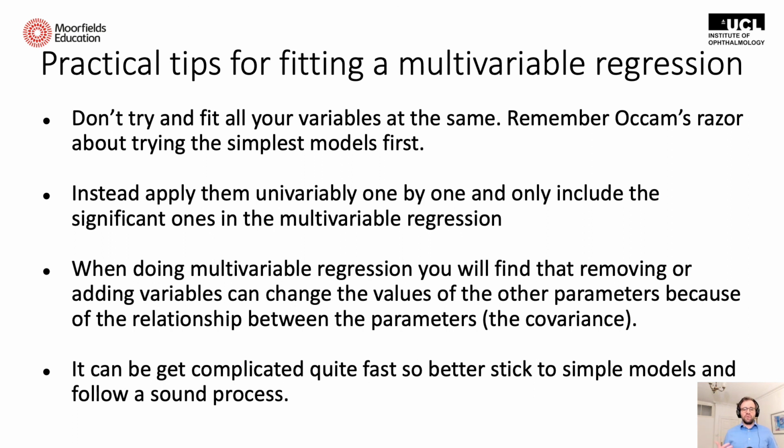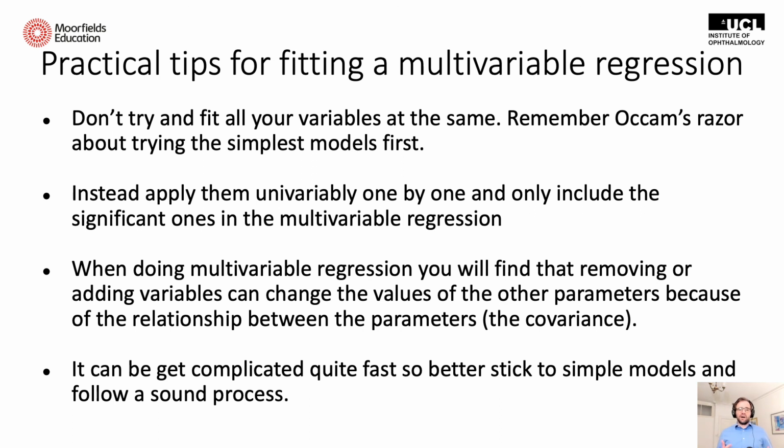So if you put in your parameters and you remove a parameter, you might see things change quite a bit. And then you will have a hard time justifying how you can generalize this model to something else, right?